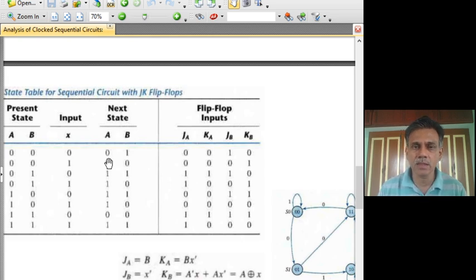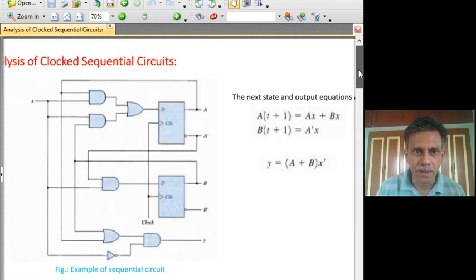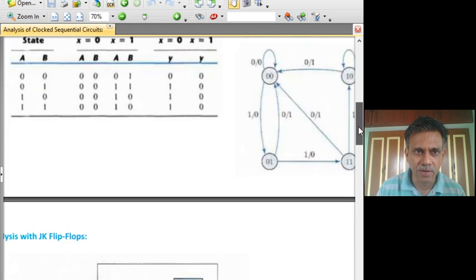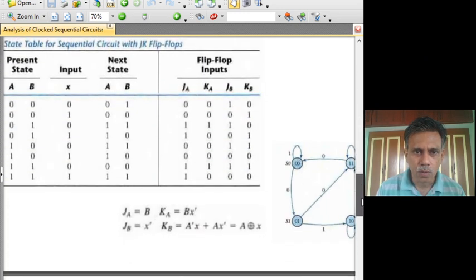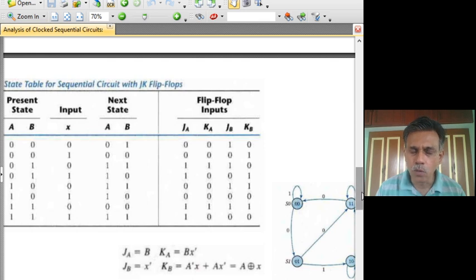You have to remember the truth table, or at least know functionally how it will behave. We don't have it in this slide. So you know that if J is equal to 0, K is equal to 0, Q plus is Q. But J is equal to 0, K is equal to 1, it is a reset condition, and therefore it is 0.